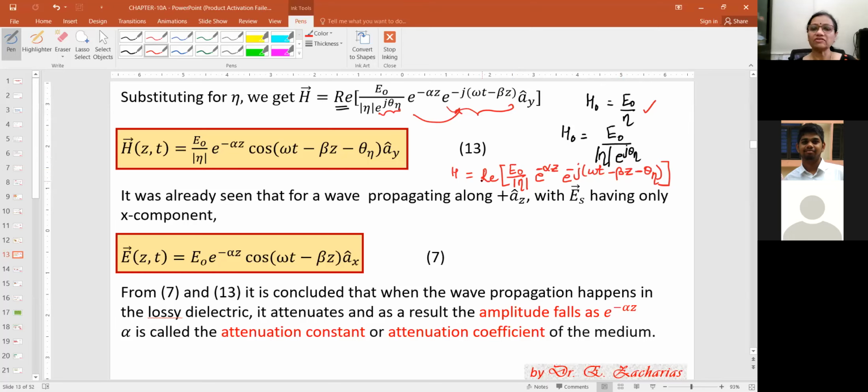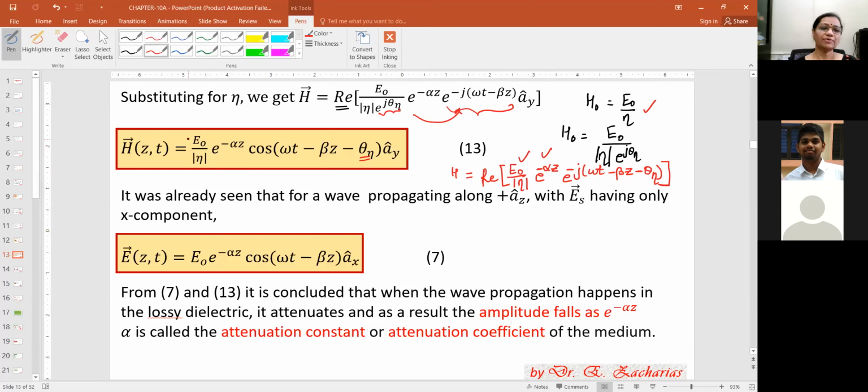Now I'm going to apply this real part. When I apply the real part, all this will remain as it is, but this exponential of minus j will become cosine. So I will get cosine of omega t minus beta z minus theta eta. Direction is ay.